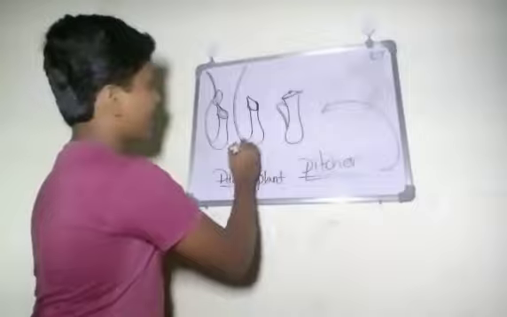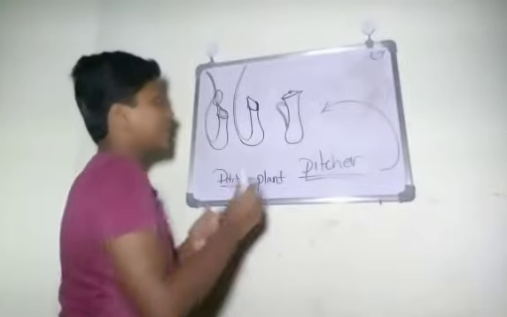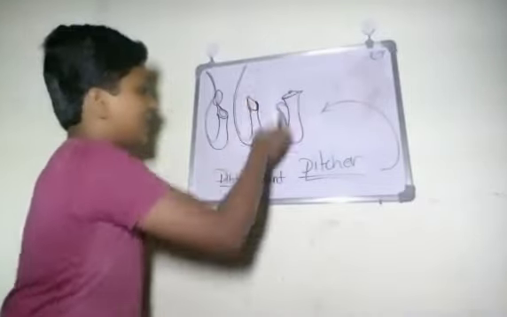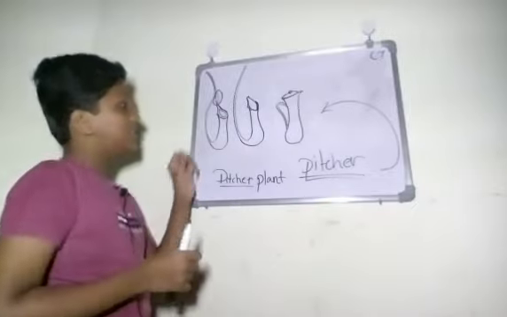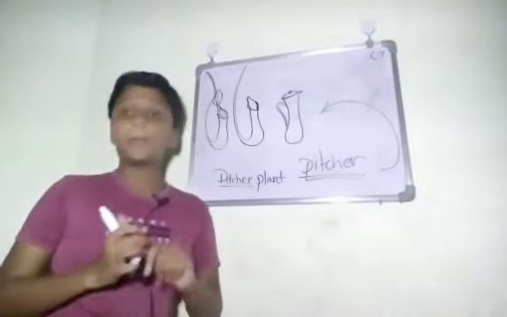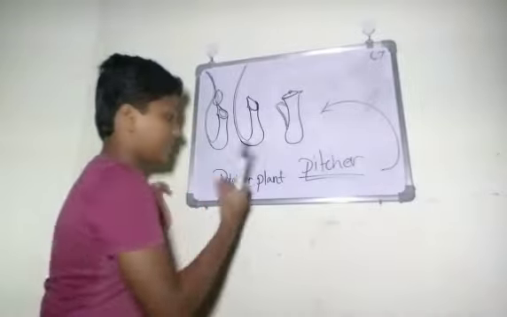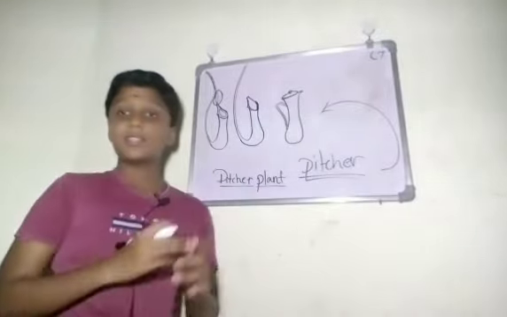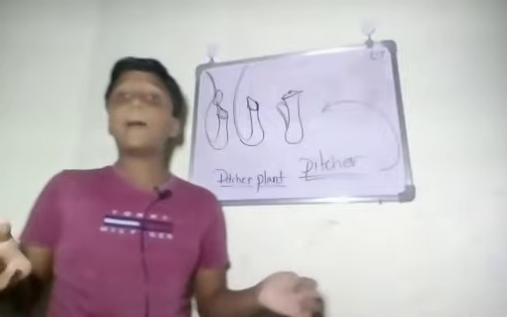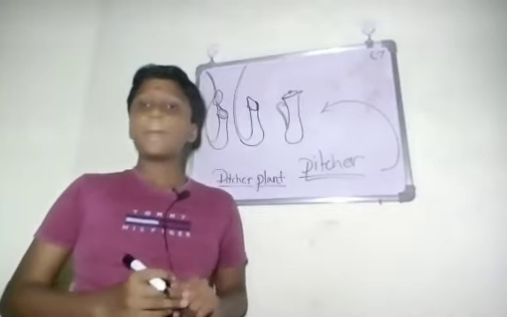Can you see the similarity between these two? You can see how the same jug shape is there for this particular pitcher as well. So in these plants, the pitcher plants, the leaves are modified into pitchers.